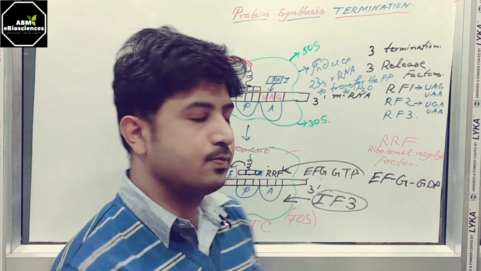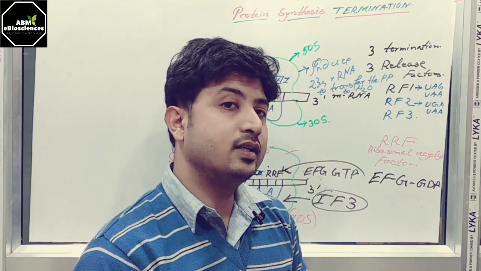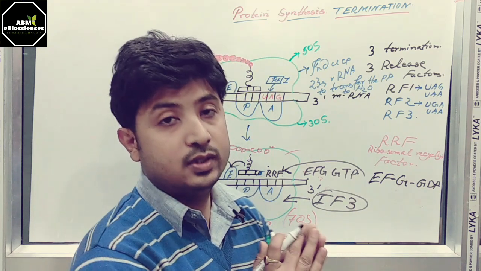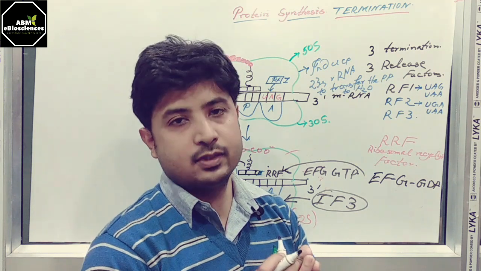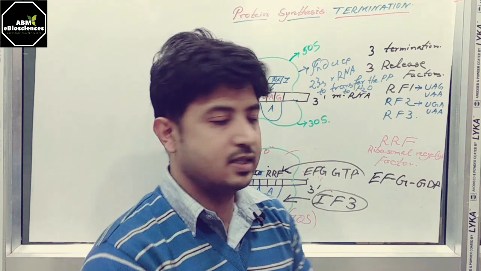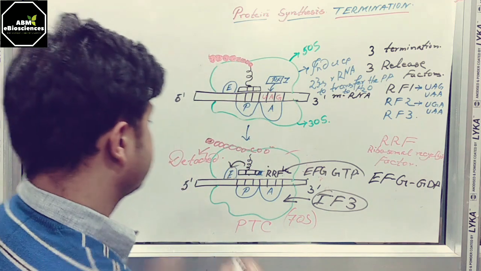Now IF3 is bound with the 30S subunit, and after binding to 30S, the 50S will not be able to bind with the 30S and will not be able to form or maintain the 70S ribosomal complex structure. So it will now dissociate.